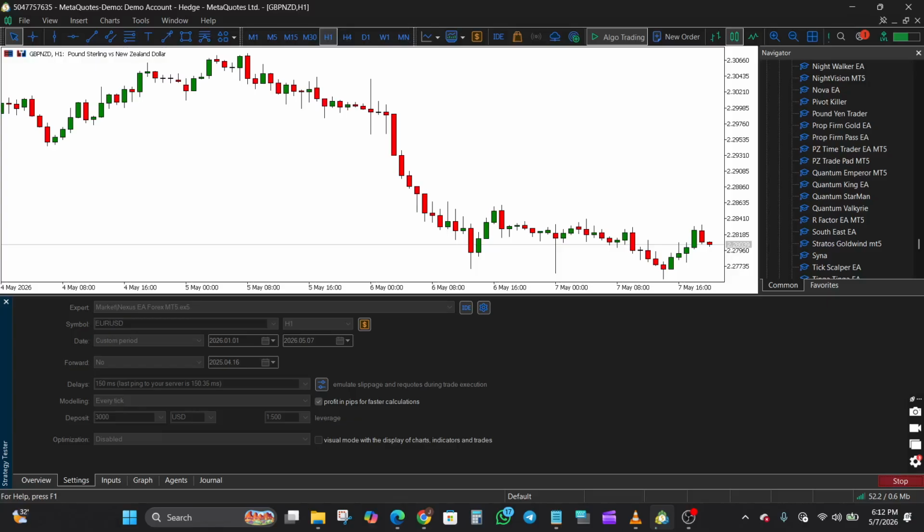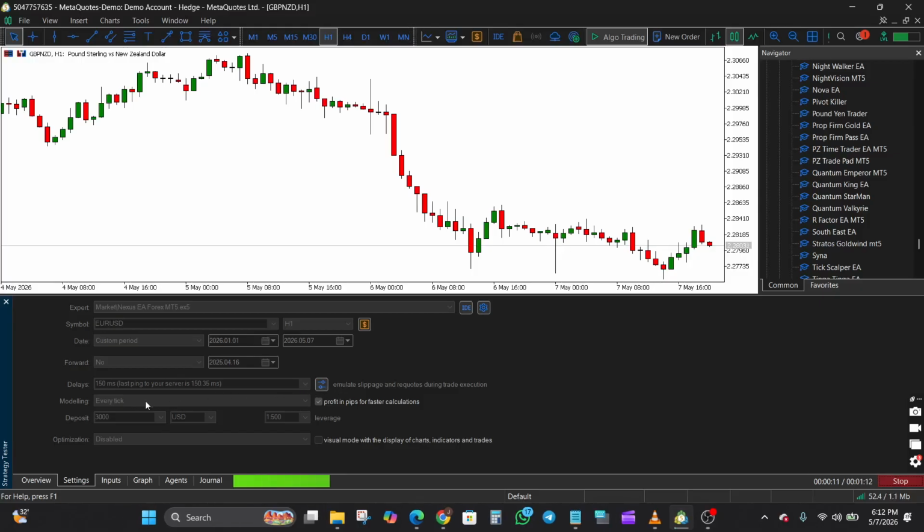As you can see, I had to prioritize the tick by tick modeling, because that's obviously the more accurate approach for evaluating systems like this, especially when grid timing and basket management are involved. The backtests are being run without the visual mode enabled to speed up the execution.